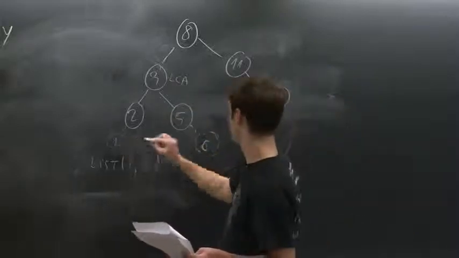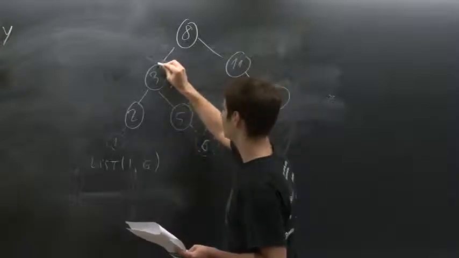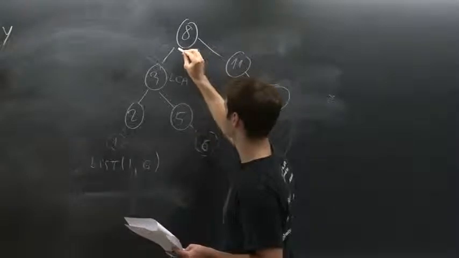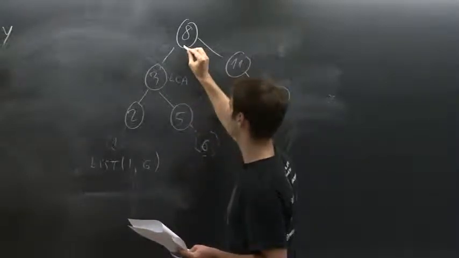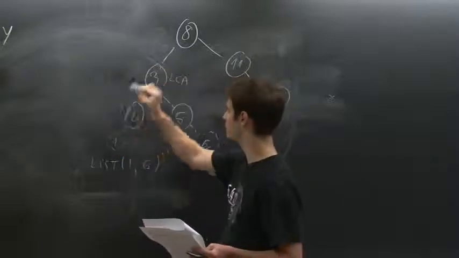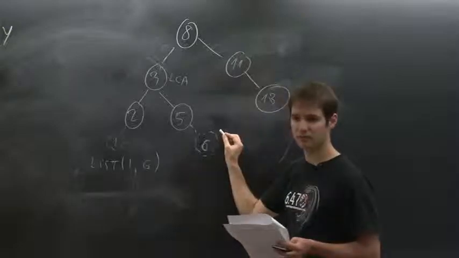So if 1 is here and 6 is here, then I know that all the keys, so 3 is to the left of 8, so all the keys to the right of 8 are going to be bigger than 6, for example, right?